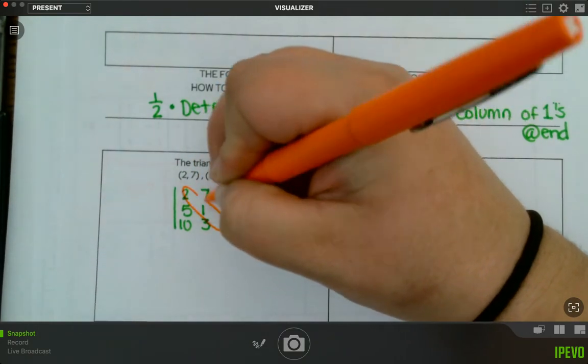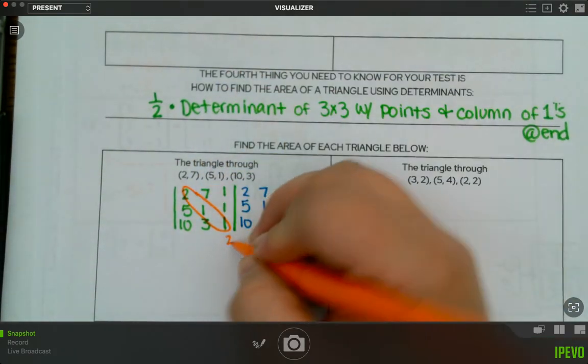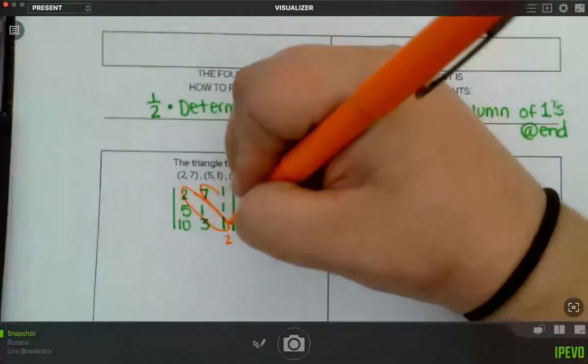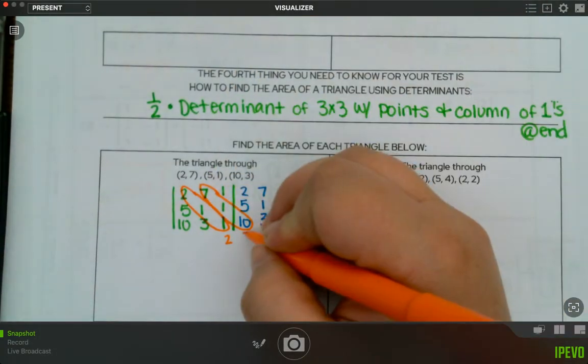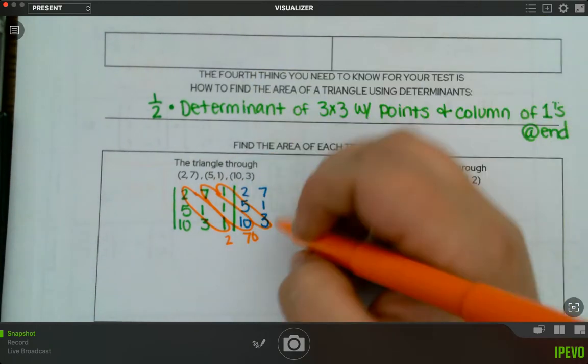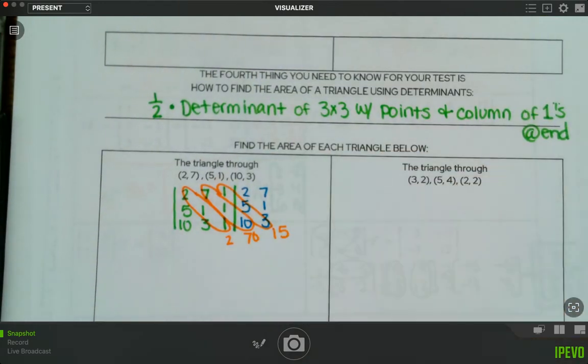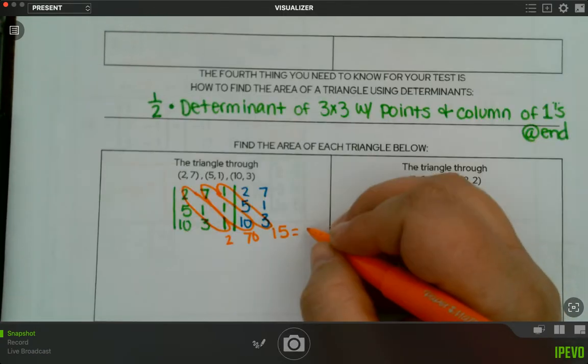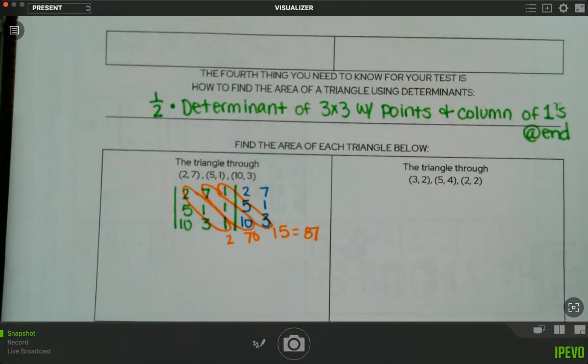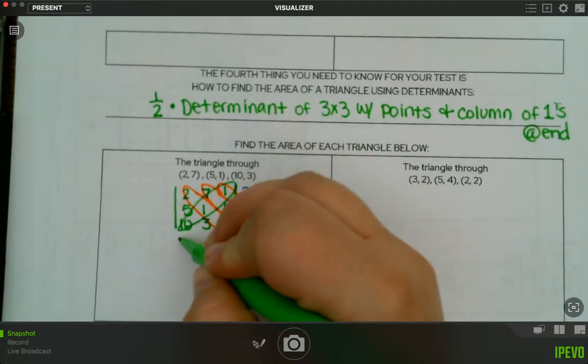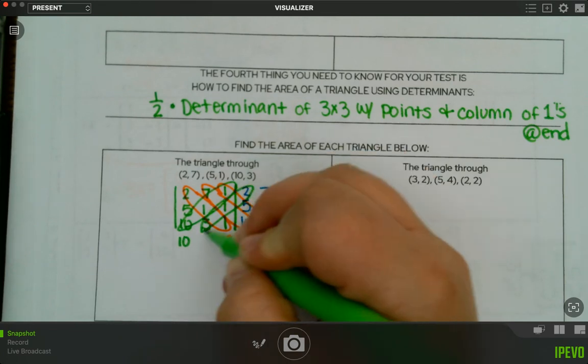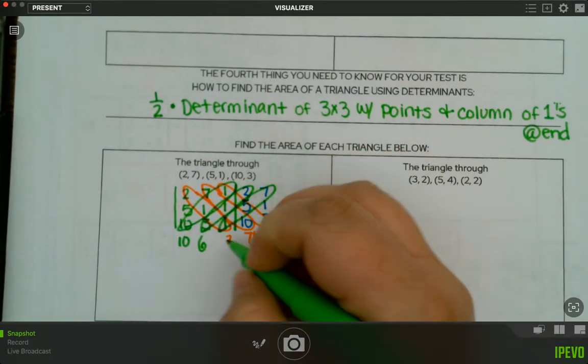That's going to be 2. 7 times 10 is 70. 3 times 5 is 15. And then add those all up. That is 87. And then you're going to do the same thing on the left. 10, 6, and 35.